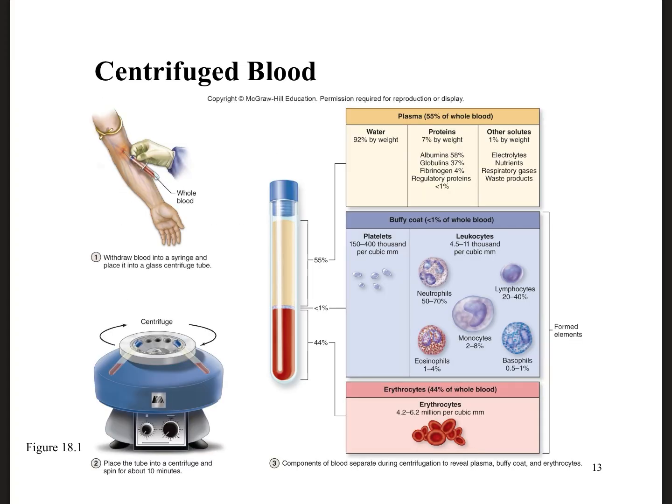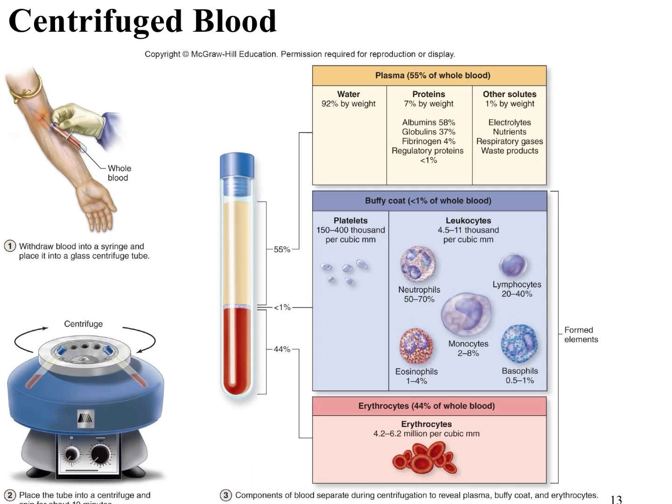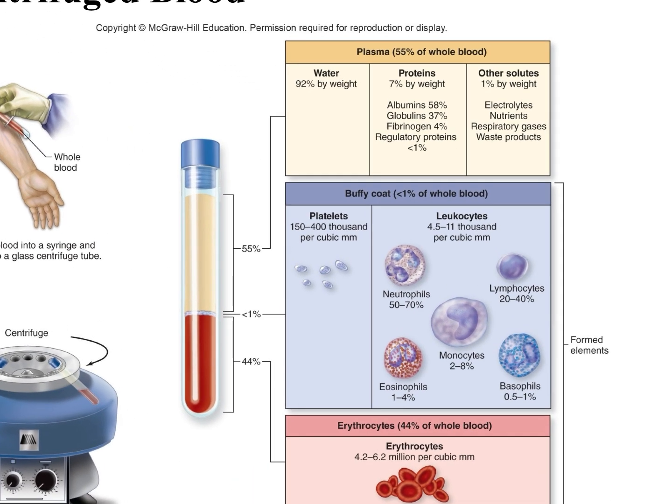So you may have seen this. Here you have your 92% by weight water from plasma. Plasma represents 55% of whole blood. And then in this buffy coat, in this picture I like, that 1% of leukocytes, it breaks it down to where you will find the platelets are part of that 1%, and the white blood cells are part of that 1%, or that buffy coat.